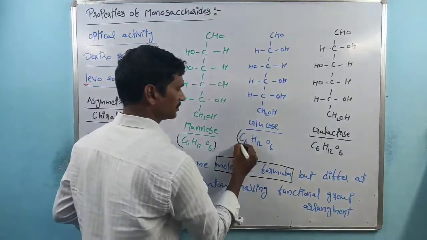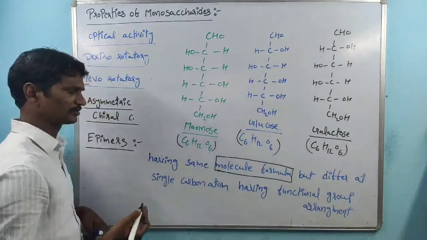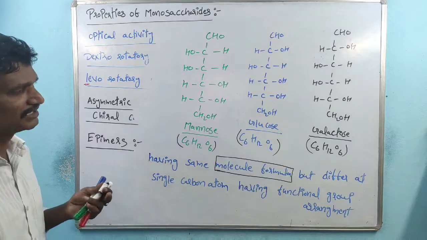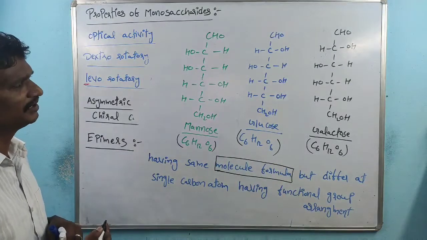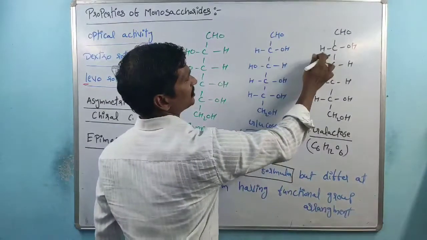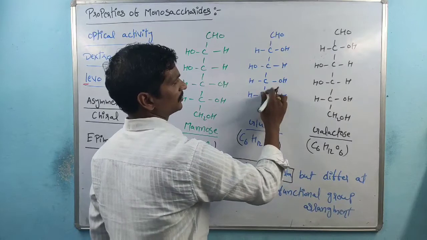So here we have to discuss the first line, having the same molecular formula, C6H12O6. In all the cases they have the same molecular formula, but they differ at a single carbon atom. Suppose this one is similar, this one is similar, this one is similar, right? This one is different.